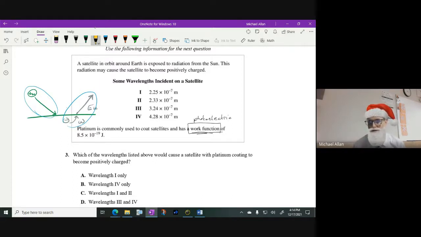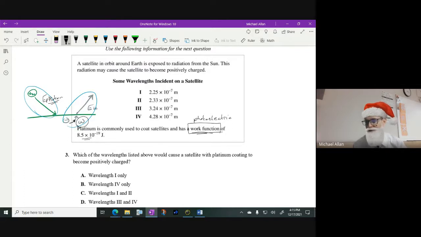The energy of the photon has to exceed the work function. If there's not enough to get out, like if I stop halfway, it's not going to do anything. It's just going to bounce off. So this photon has to exceed this minimum energy, which is the work function.